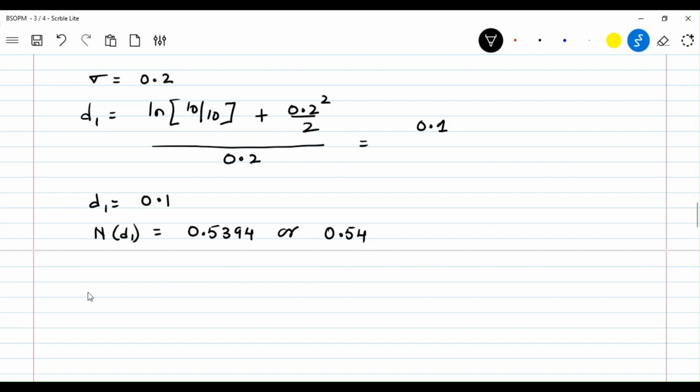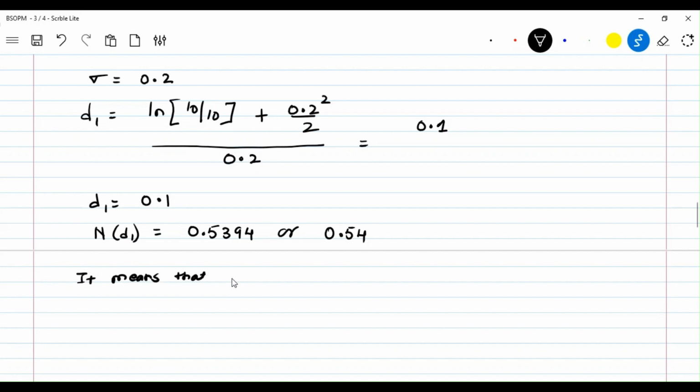Now, what does this mean? It's very simple. It means that for every dollar change in the stock price, up or down, the value of the option price will also change by 0.45 cents up or down. Just for simplicity, I'm going to write down this interpretation of what 0.54 means.